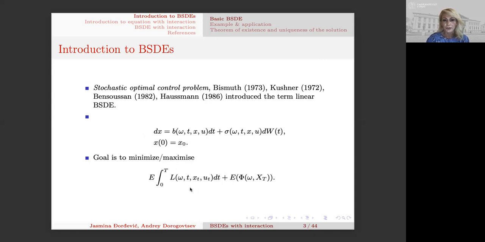In the value which we want to optimize, the function L depends on both processes, X and control process U, while the function phi is measurable with respect to the filtration at the final moment, and it has growth at most as X squared.